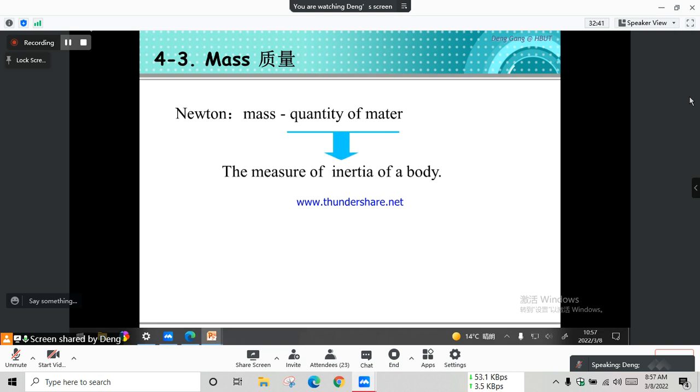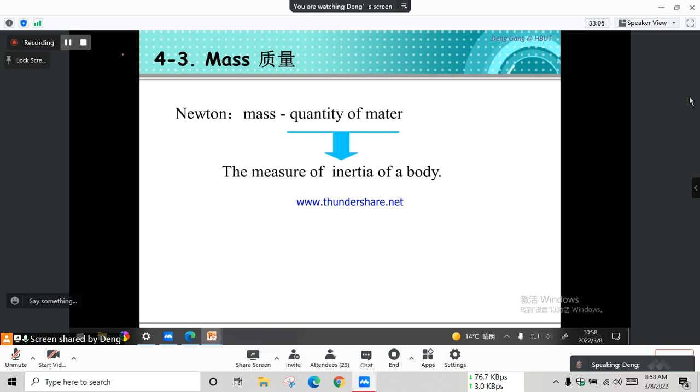And what does the quantity of matter mean? It actually means the measure of inertia of a body.